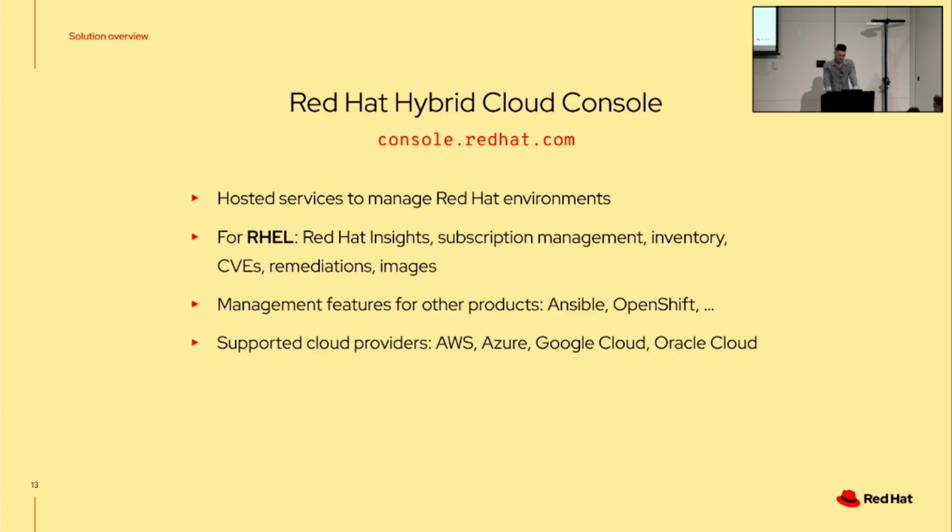Subscription management, the inventory, building images, so you can actually define new workloads based on RHEL and then launch those workloads in your connected cloud providers. And beyond RHEL, there are also management features for other products like Ansible and OpenShift, but I won't be talking about them today. And we currently support AWS, Azure, Google Cloud and Oracle Cloud as the target cloud providers for launching workloads.